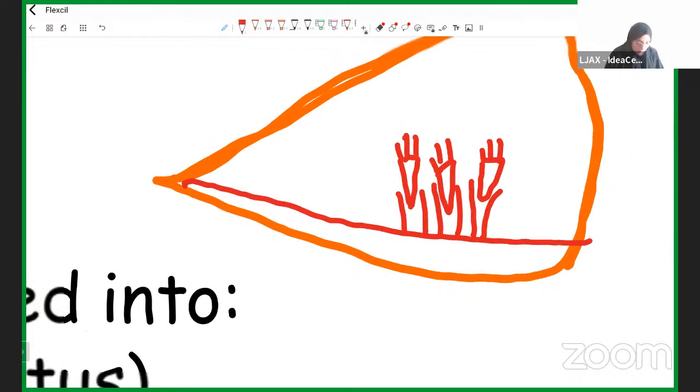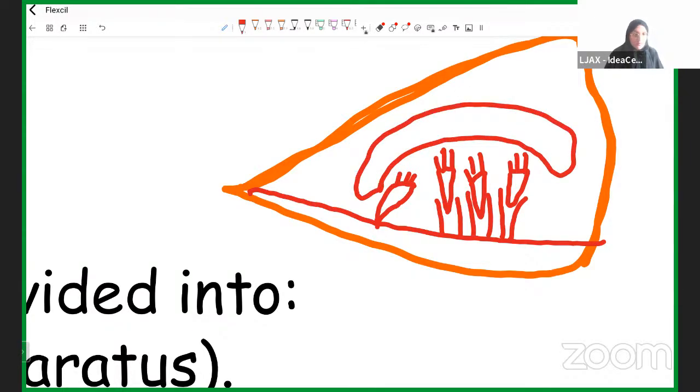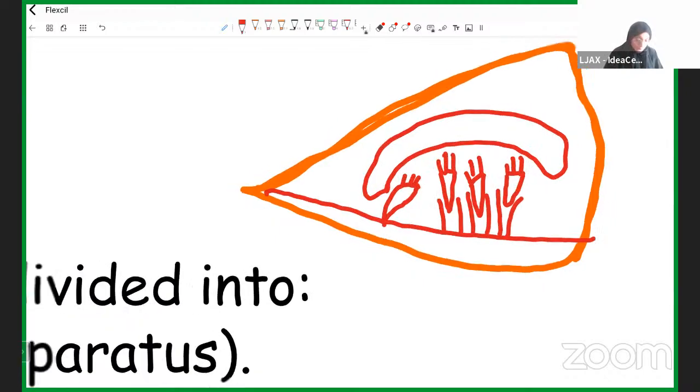And we have an inner hair cell like this. We have something called tectorial membrane above this. It's like a mountain above the hair cells.